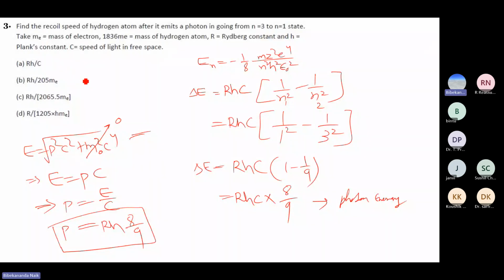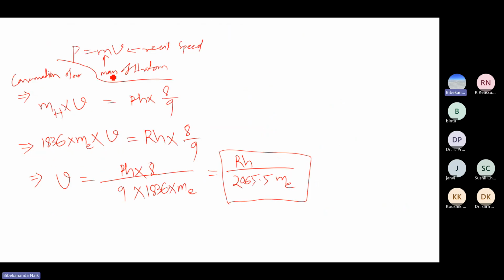Here the photon is moving at the speed of light, so we apply the expression of energy which consists of both the momentum term and the rest mass energy term. But since the hydrogen atom is quite heavy, 1836 times the electron mass, the recoil speed will be very, very small in comparison to the speed of light. So we simply use P equals MV, momentum equal to mass into velocity.